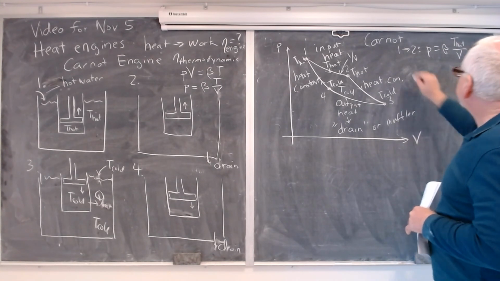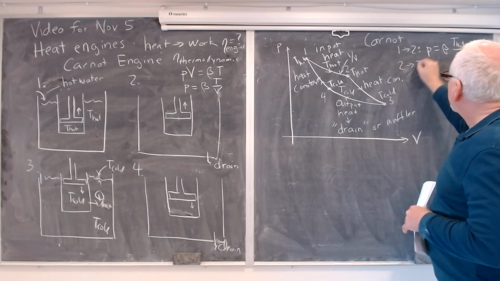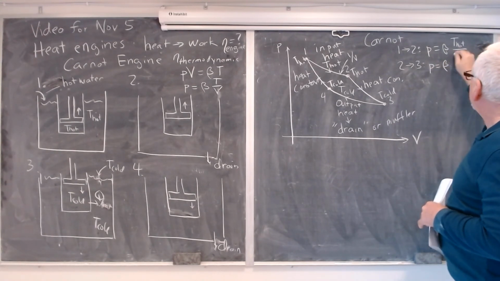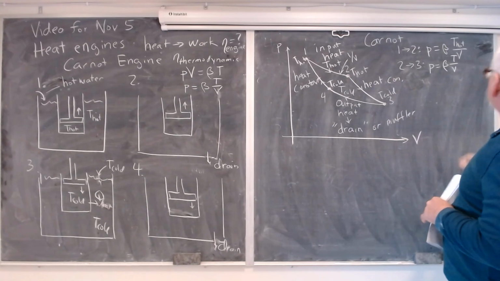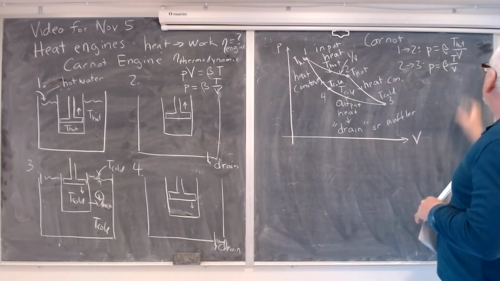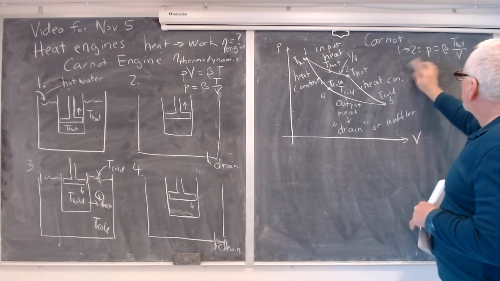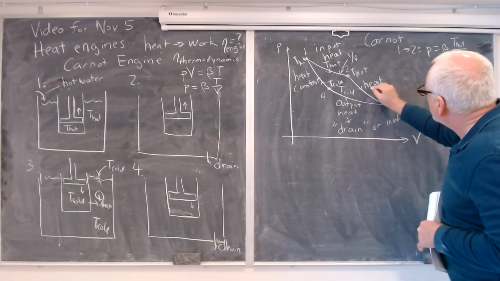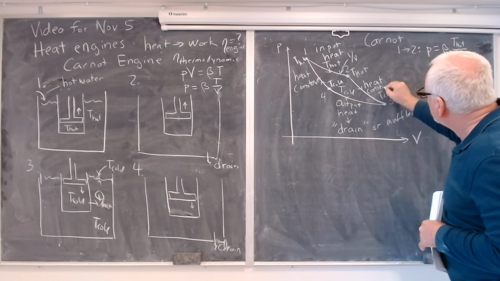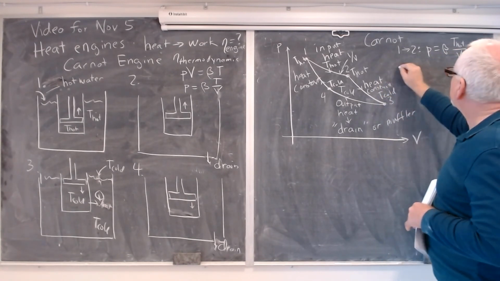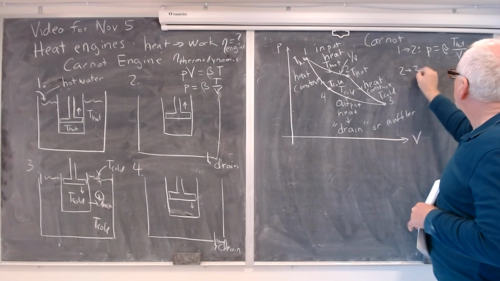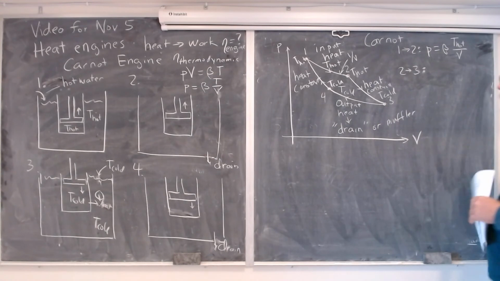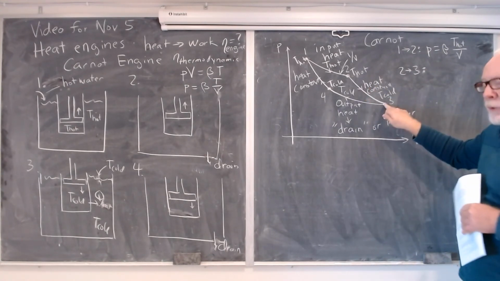Now, from 2 to 3, pressure is always beta T over V, so it's still beta T over V. Constant. From 2 to 3, let me just jump ahead here. We said that the temperature was going down.